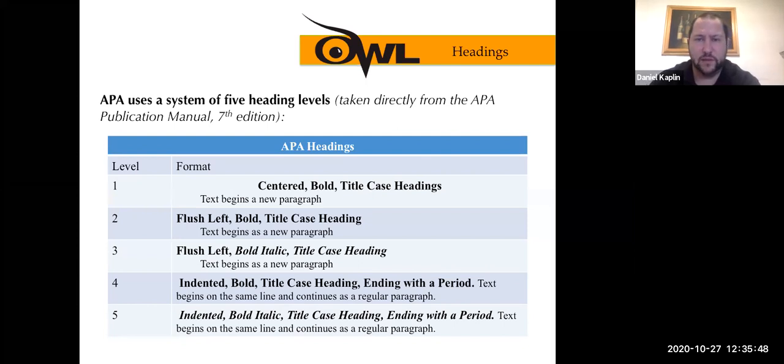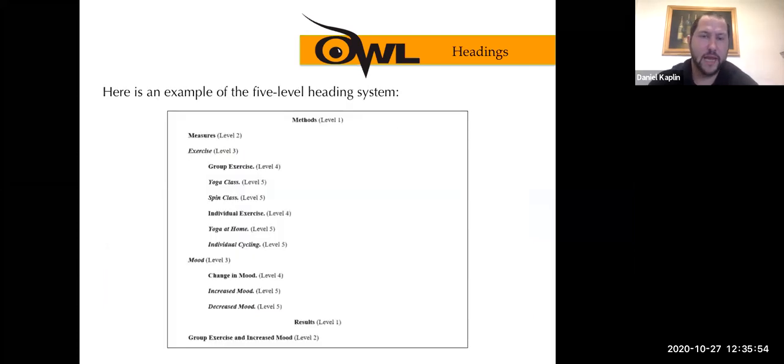So here's what it looks like. This particular slide is trying to show you the format, and here is what it would look like using the new five-level system. Look at the level 1 heading where my cursor is. It says methods, and actually that should say method.